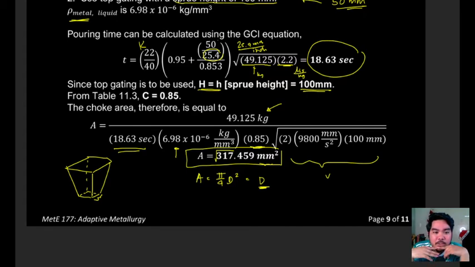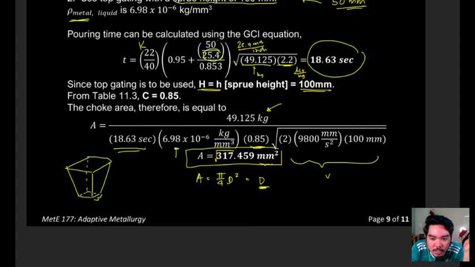Pwede bang i-chat nyo yung kung meron kayong questions or kung good tayo, proceed tayo sa gating ratios. Okay lang. Okay, Rebo. Thank you, Rebo. Yung iba? May tanong ata si Riquel.